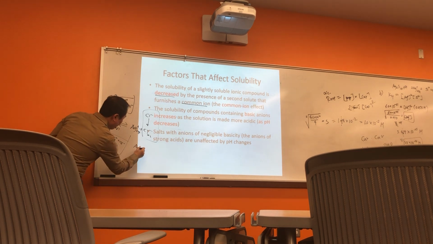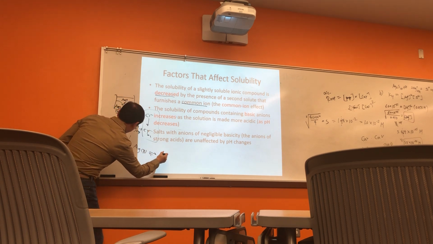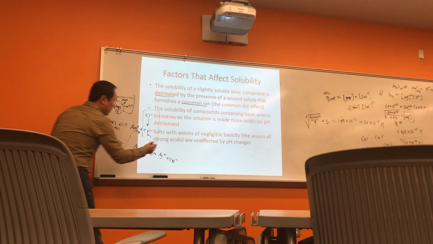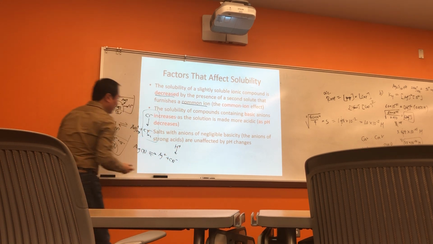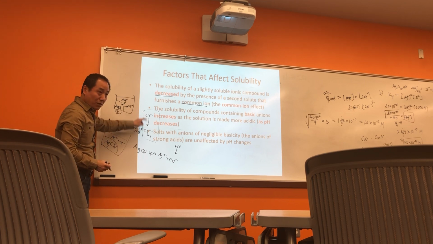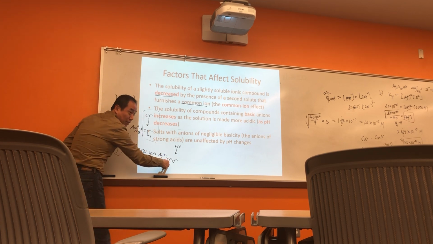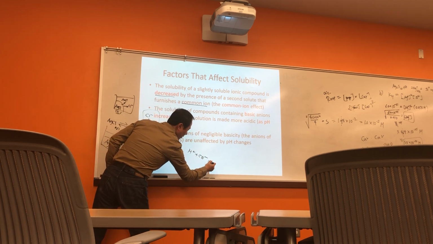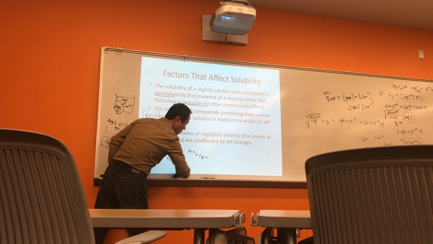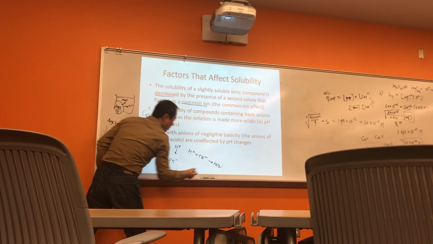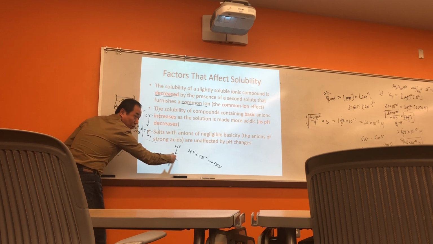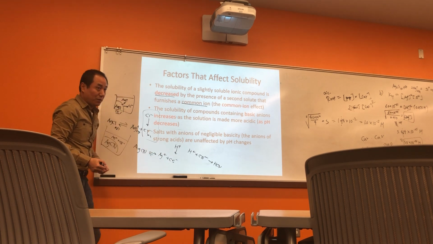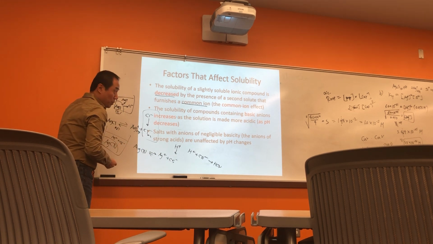Therefore, in this case, if you add acid here, that's not a common ion, but H plus will react with cyanide to make HCN. So if this removes some of the product, then the equilibrium will shift to the right. So that will increase solubility.